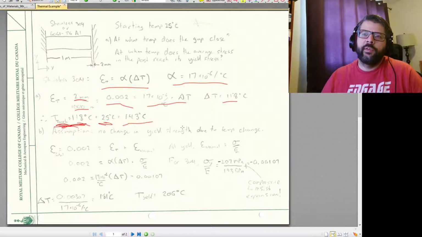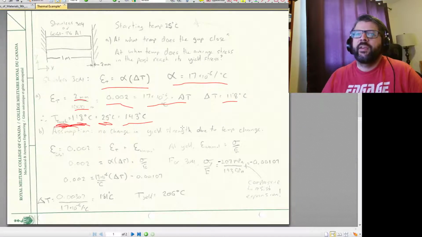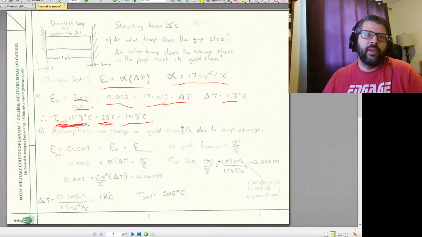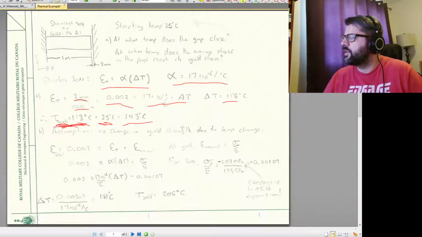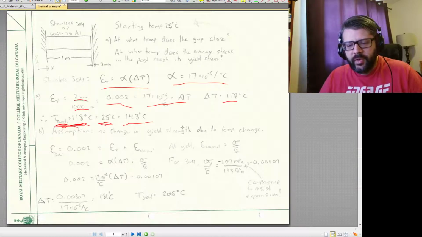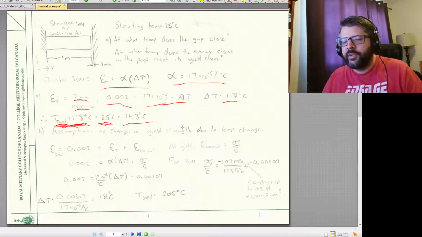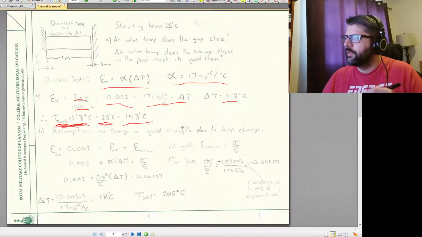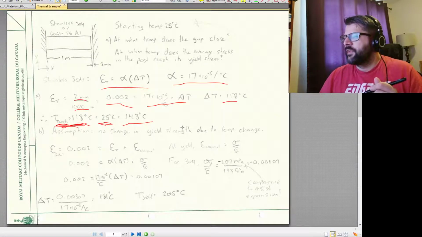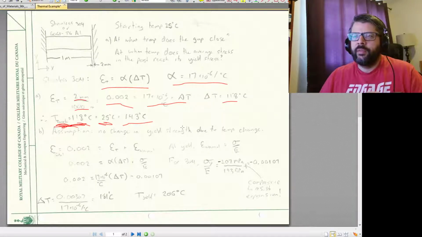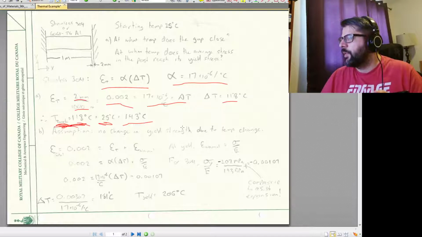We're going to assume that there's no change in yield strength due to the temperature change. Depending on how hot this thing gets, that may or may not be a reasonable assumption. But when we look it up, we're just given a number, not a function of temperature, so we've got to work with what we've got.